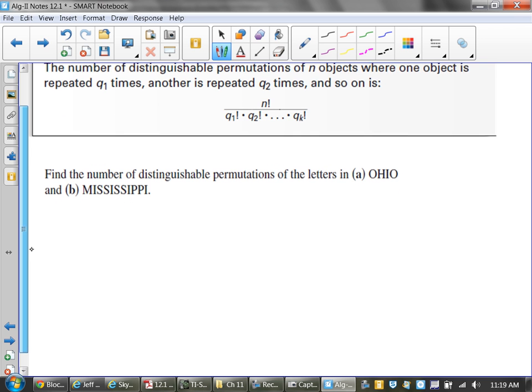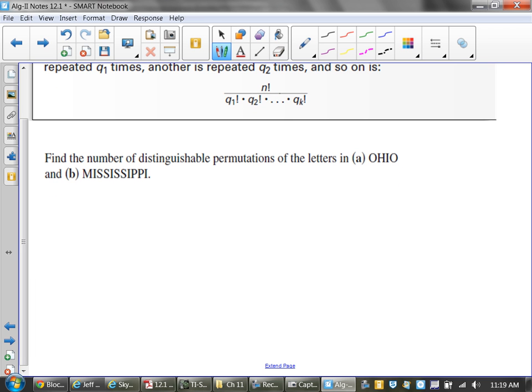Now the weird one. What we're going to do here is pick letters, or how many different ways you can arrange letters. But this time we're going to allow for repetition within the letters. So in the word Ohio, how many letters are repeated? One letter is repeated twice.